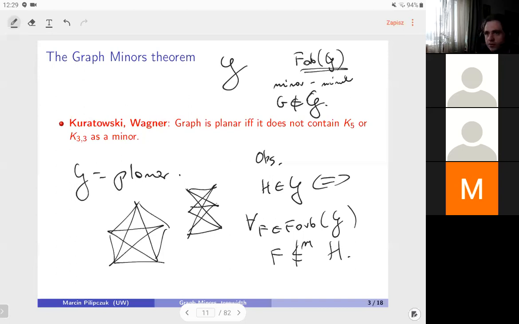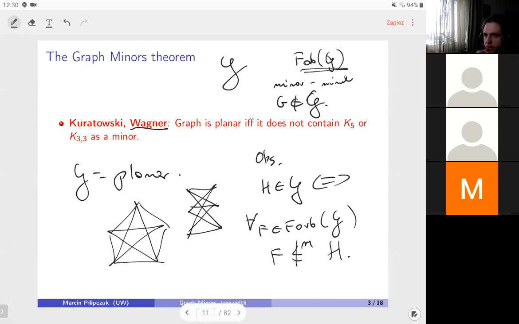Whatever minor you take, it is planar, but they themselves are not planar. And Wagner's theorem says that these are the only two non-planar minor minimal graphs. Kuratowski's theorem is about the notion of topological minor, which we don't touch today.